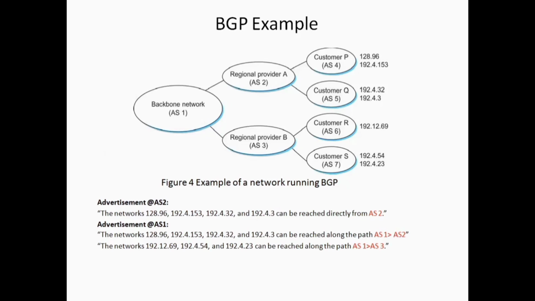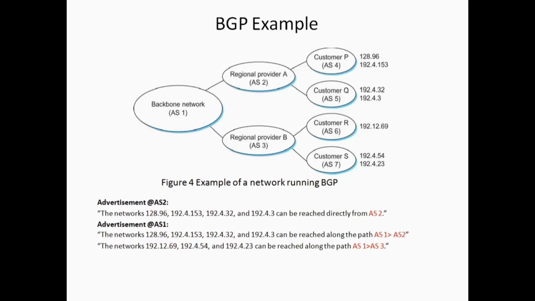Thus, it would say, in effect, the networks 128.96, 192.4.153, 192.4.32, and 192.4.3 can be reached directly from AS2. Correct or not? You can see the figure 4.